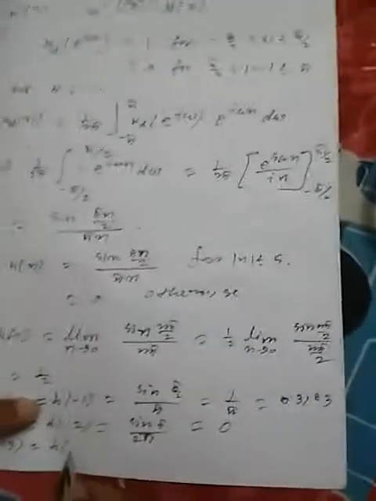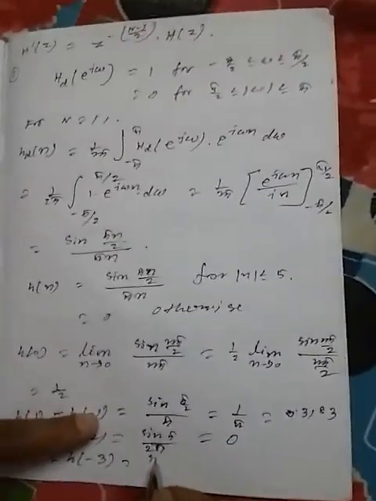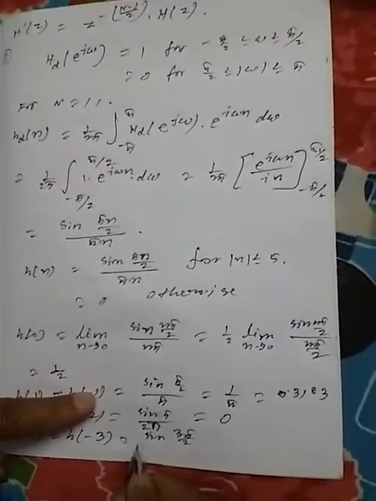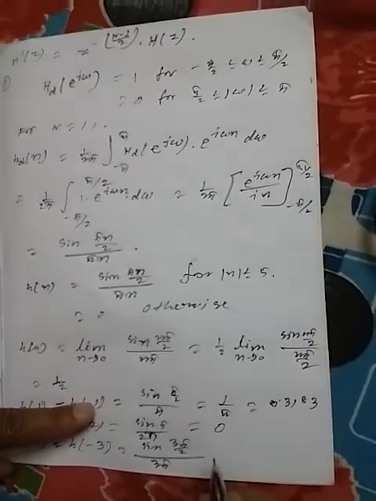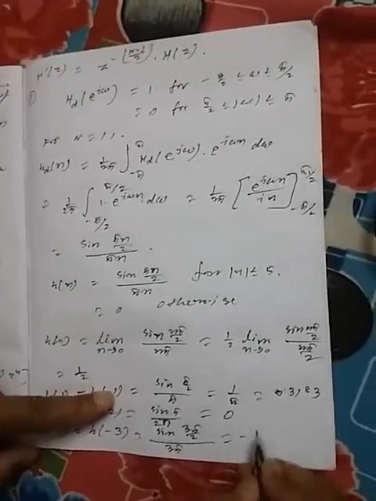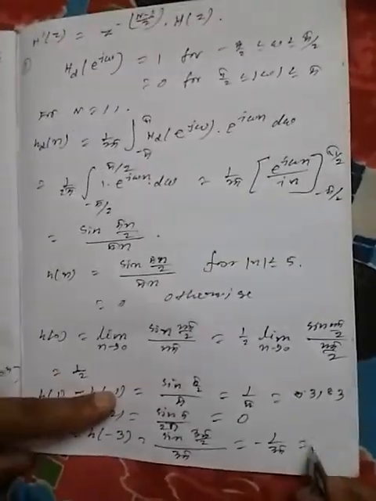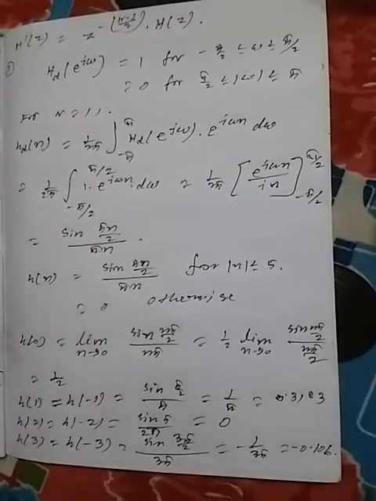h3 equal to h of minus 3 equal to sine 3 pi by 2 by 3 pi. What is the value of sine 3 pi by 2? That is minus 1. So minus 1 by 3 pi, that is equal to minus 0.106.